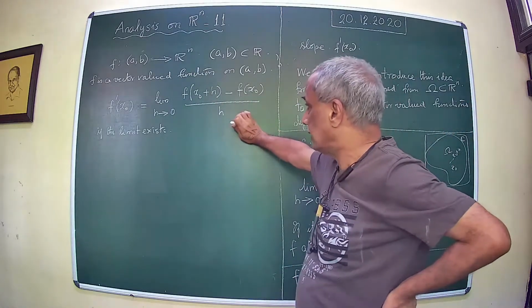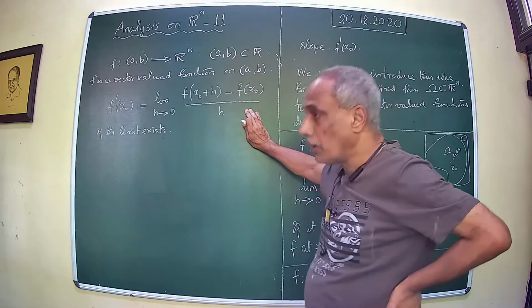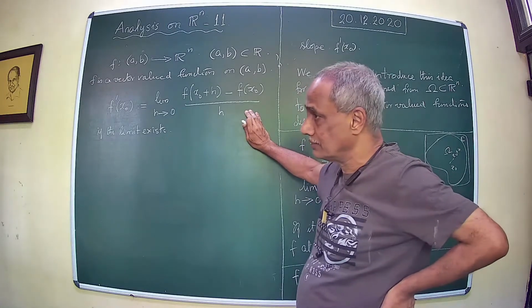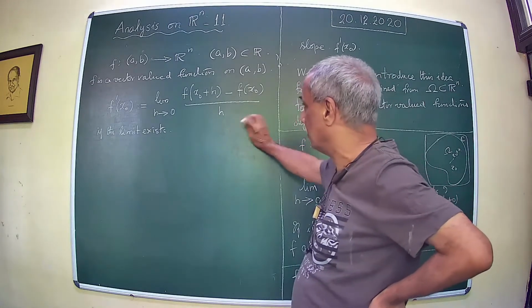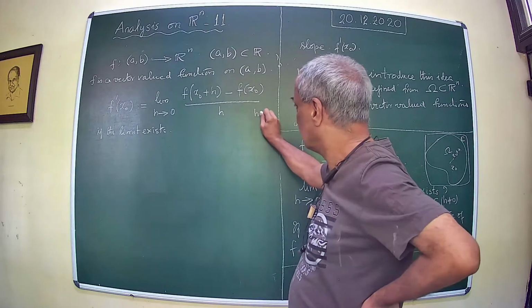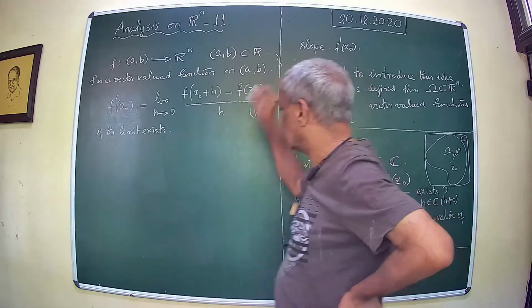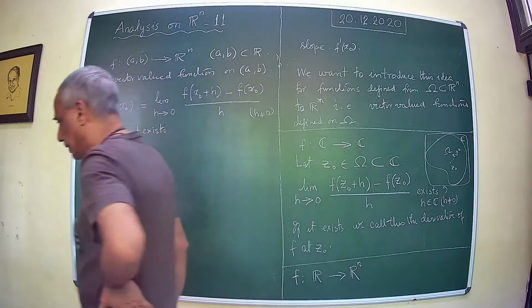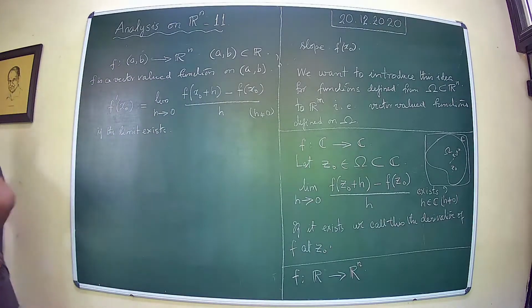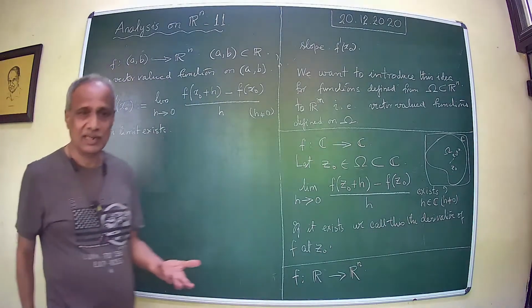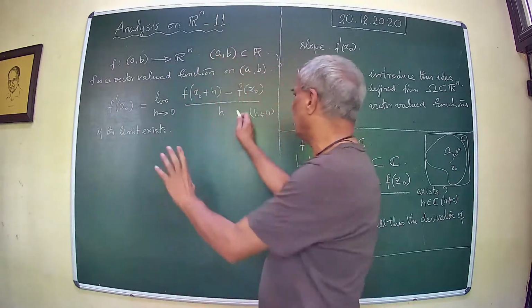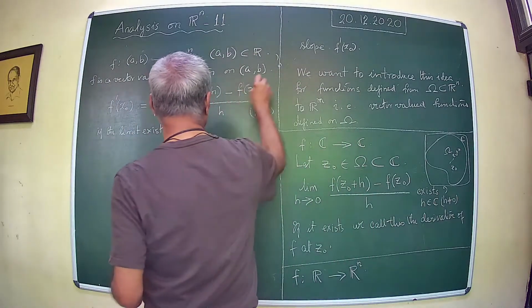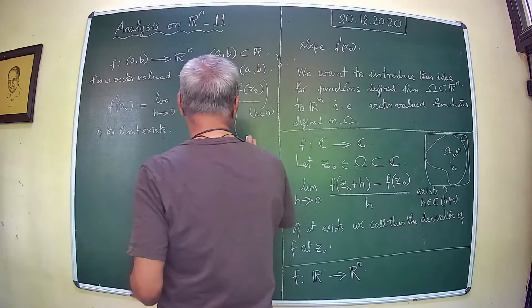What about h? h is a real number. Because it's a vector space and h is not equal to 0, you can divide by this. When you divide by this, then you get another vector in Rn. So this part is well defined.